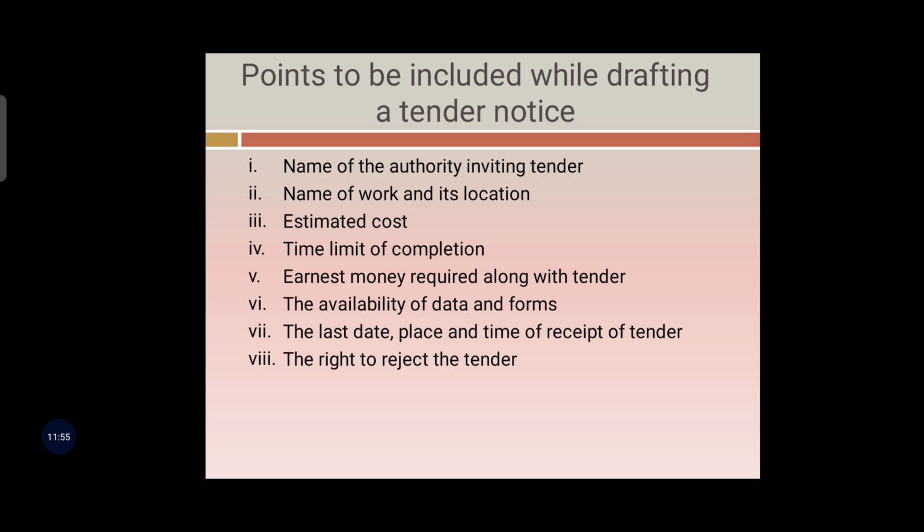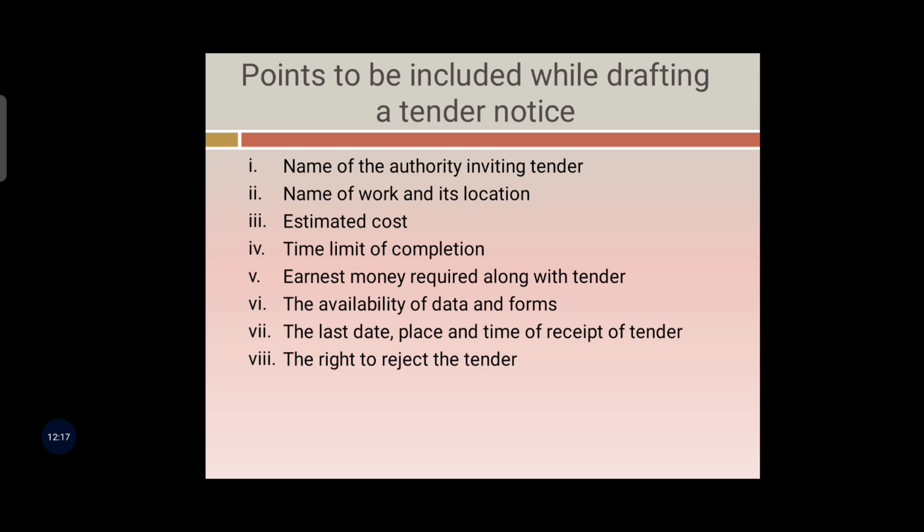Then the right to reject the tender. In this, the authority should make it clear that the right to reject any or all tenders without assigning any reason is reserved. If the authority has to reject your tender, he has full rights.